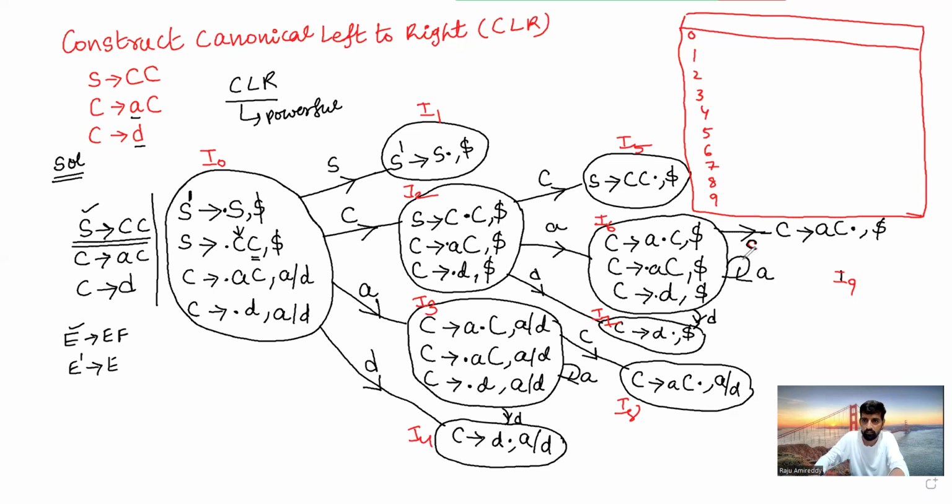Let me explain. For the left side, we must write small values here. In the given production, the small values are A and D. You write here small a, here small d, as well as the accepted symbol dollar. And capital letters we must write here, capital S and capital C. So let me partition it into two blocks.